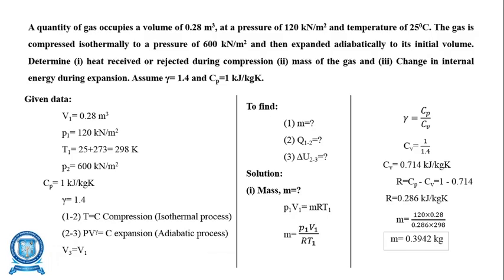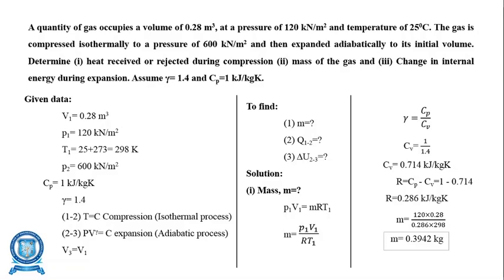Listen, the temperature is initially 25 degrees centigrade, that is 298 Kelvin. Here the gas is compressed isothermally. Remember this word: isothermally means the temperature remains constant throughout the process.